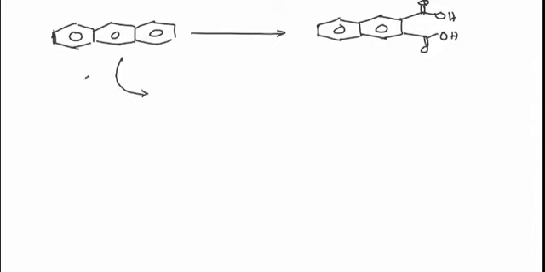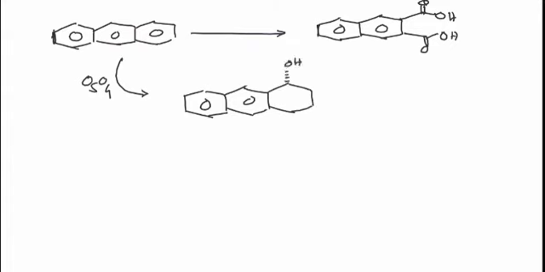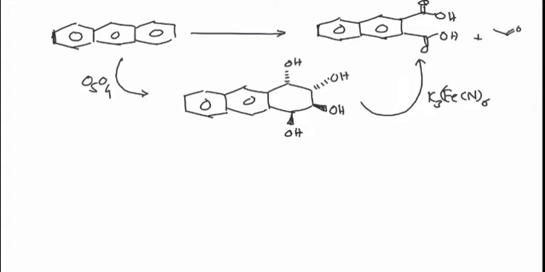First, with the help of OsO4, the last ring is oxidized, while the remaining two rings are inert. Now look at this one. This is one OH, another OH. This is the diol formation, and with the help of the specific reagent K3Fe(CN)6, you will get this compound, where the byproduct is oxalic acid.